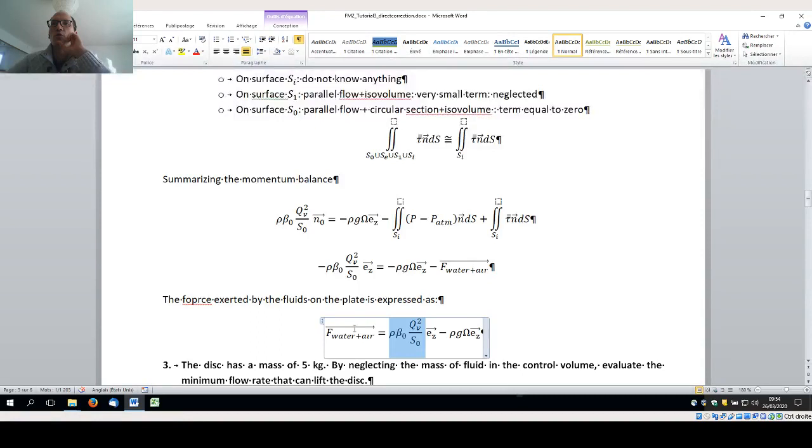Here you are able to obtain the force of water on air. Yeah, so that's a very powerful tool. If you do the computations, you will find that this term is very small compared to this one, so most of the force exerted by fluid on the solid object is due to the momentum flux you have in the inlet, actually. And this is one basic property of flow impacts that you recover here.